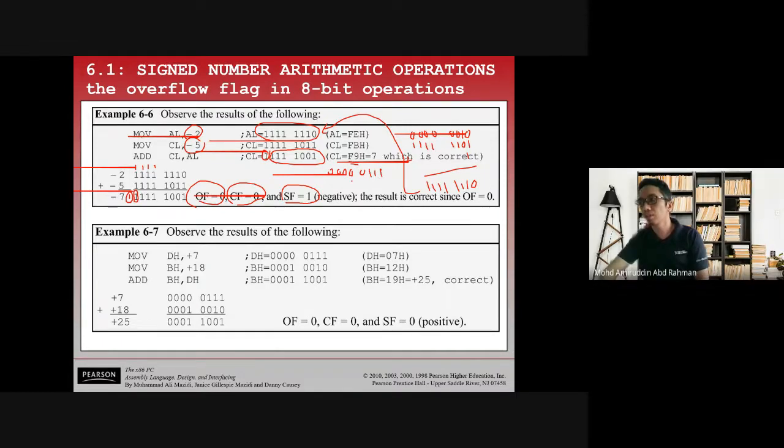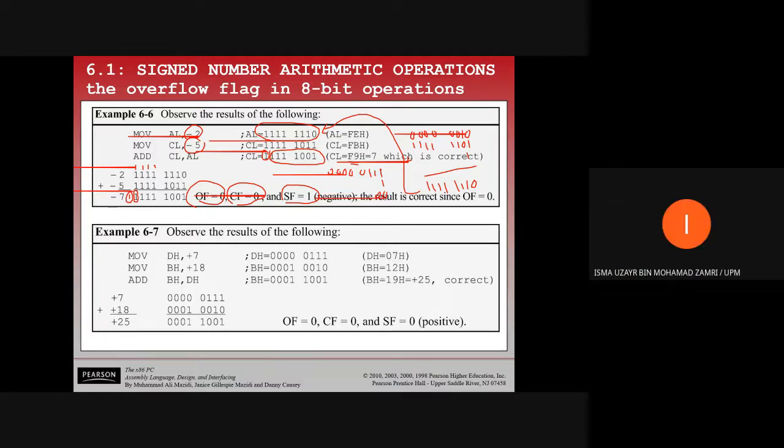So this is 7, right? And then you add 1. Sorry, 1 plus 1. It is not 7, right? The left digit should be 0.